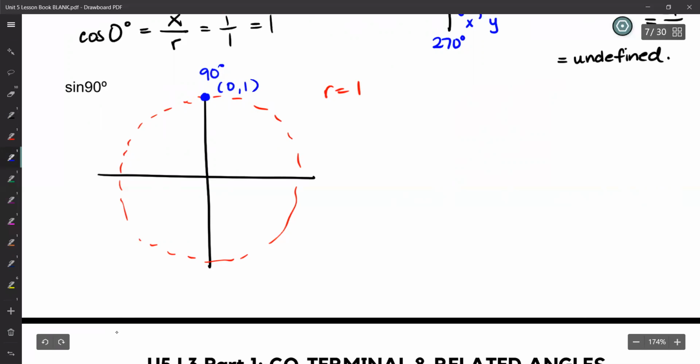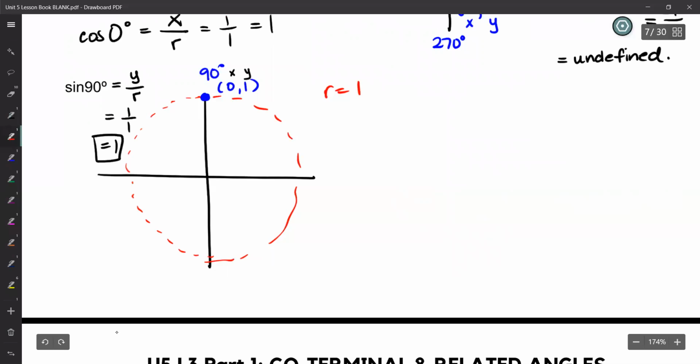This is the point 0, 1. And sine, we said, was equal to y over r. So what is that in this scenario? All right, this is x and this is y. So this is 1 over 1, which gives us 1. Check it on your calculator. What is sine of 90? Do you get 1? Yes, that is why.